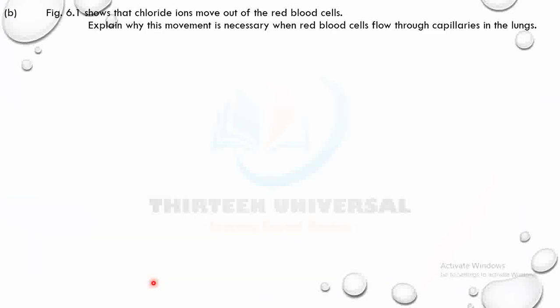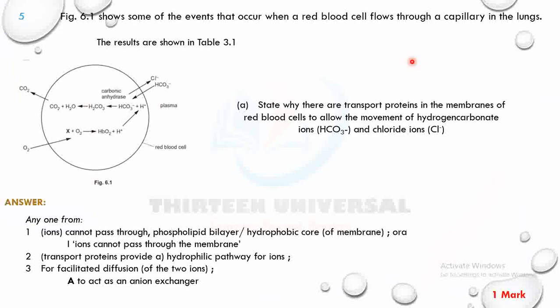All right, Fig 6.1 shows that chloride ions move out of the red blood cell. Explain why this movement is necessary when red blood cells flow through the capillary in the lungs. Why does it move out? Pause video and try. Can you see that hydrogen carbonate ion is moving in, so chloride ion has to move out, so that we don't have excess negative ions in the red blood cell.